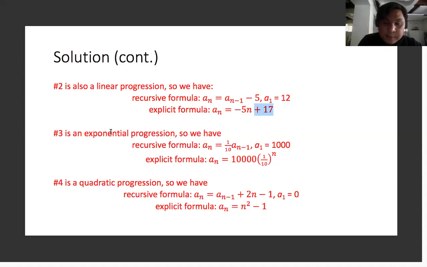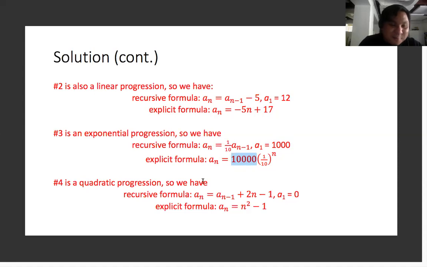Explicit formula for an exponential progression, because it's very related to the exponential functions, should be of the form y is equal to a times m raised to the x. So thus, a is also a y-intercept, thus it should also be a 0th term. So even though the first term is 1,000 in the sequence, you actually need the term before that in your explicit formula.